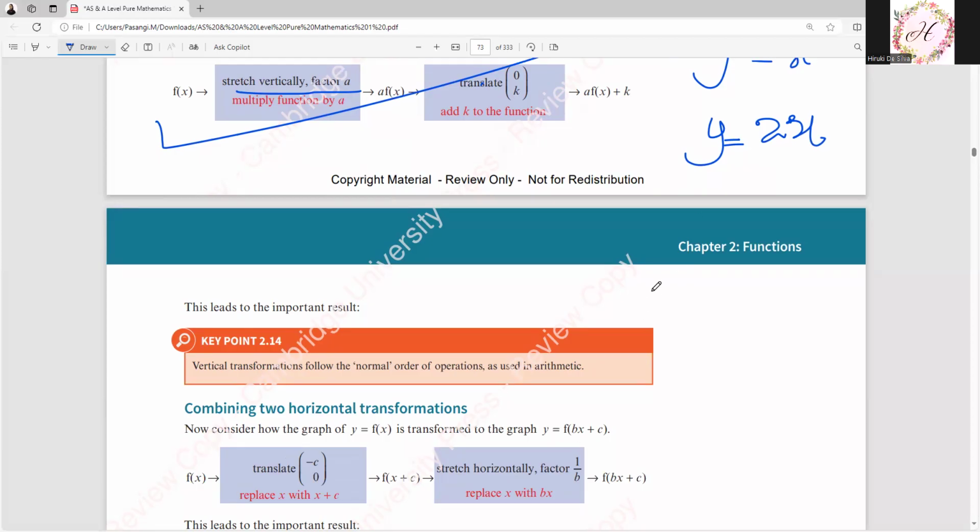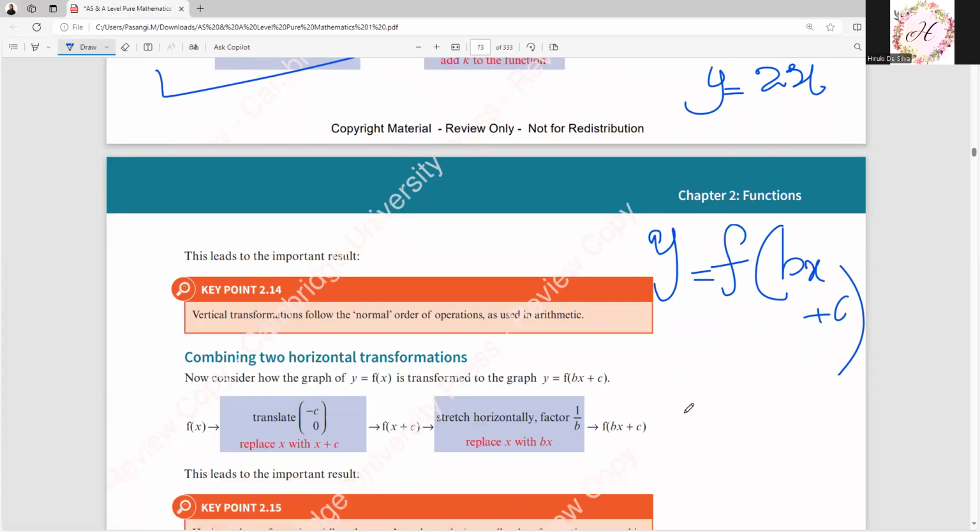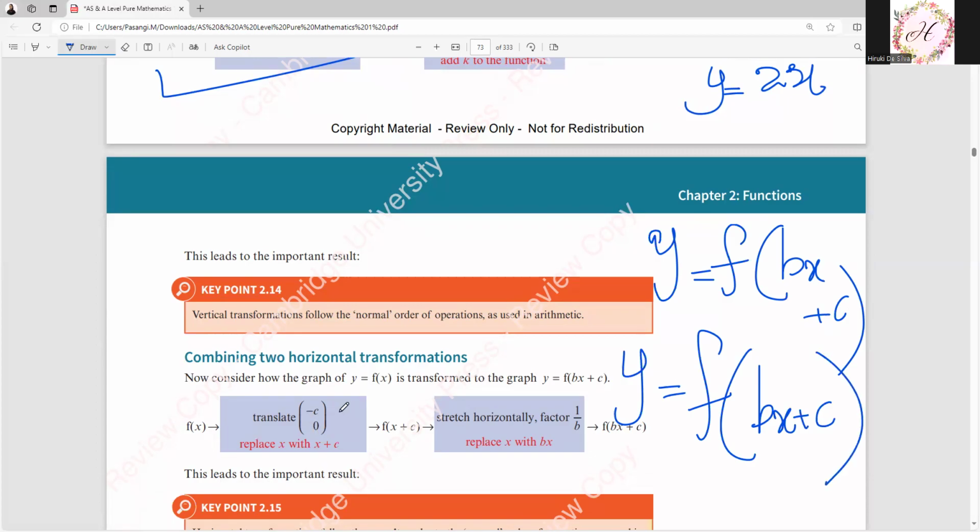So the equation would be y is equal to f of bx plus c type of one. That's what we have there. Earlier it was y is equal to a function of bx plus c type of an equation, that is for combining two horizontal transformations.